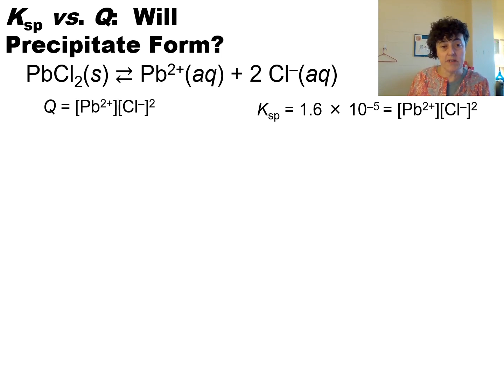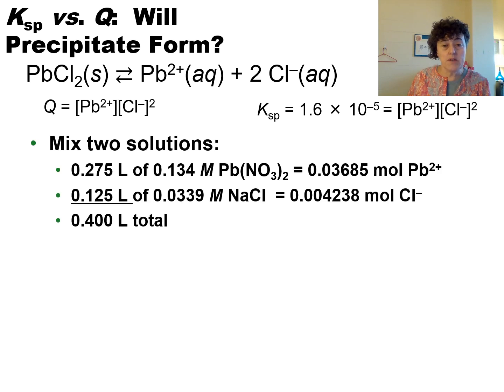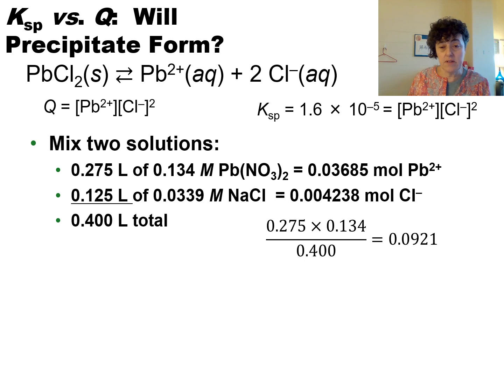that's 400 milliliters. So for example, for lead, by multiplying 0.275 liters times the molarity, we get the total number of moles of lead. This total number of moles of lead is going to be dissolved in a total volume of 0.4 liters.